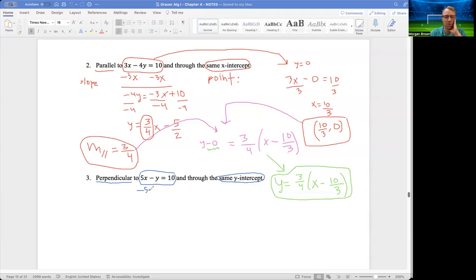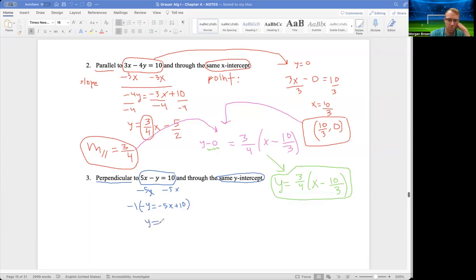First, I have to solve for y. So minus 5x, minus 5x. So negative y, that's left over here, negative y equals negative 5x plus 10. Okay. Now I'm going to multiply the whole thing by negative 1 to cancel out the negative sign.